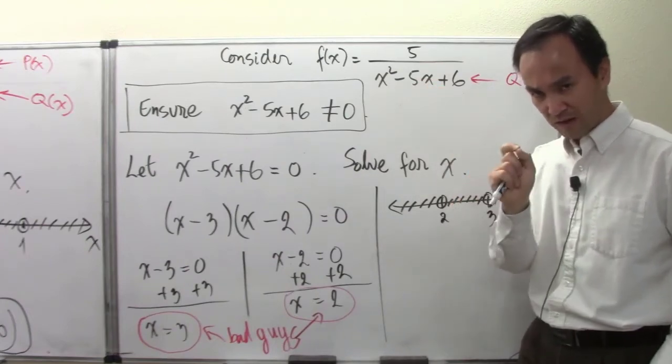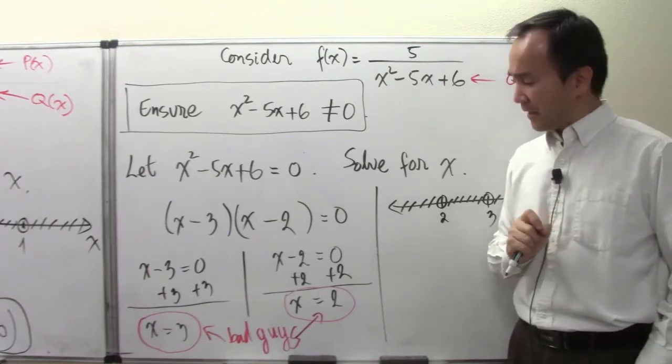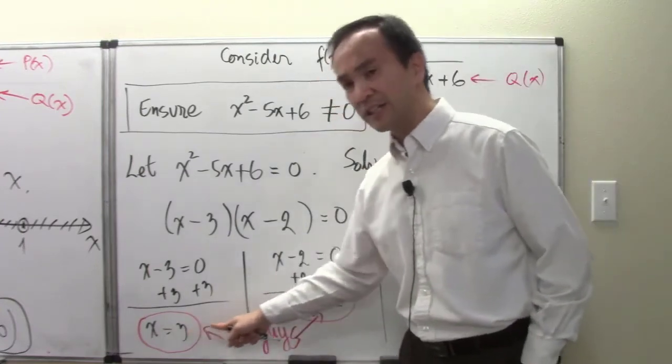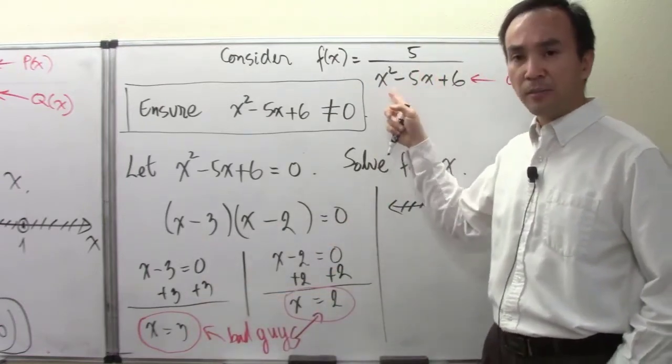So once again I'm bringing back our understanding from the polynomial lecture. Another way of saying that is that these are the horizontal intercepts of our denominator polynomial.